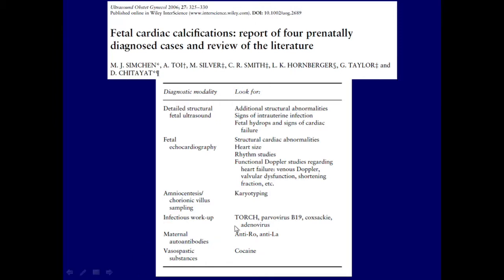As you can see, the infections that can cause these problems to the left ventricle, that was the adenovirus based on the literature. And we decided that initially what happened was an infection that resulted in that abnormality on the left ventricle, the myocarditis and development of the calcification, and then the reduced flow to the left ventricle resulted in abnormal perfusion of the arch, and that potentially contributed to development of coarctation.